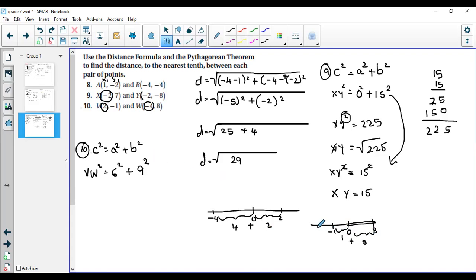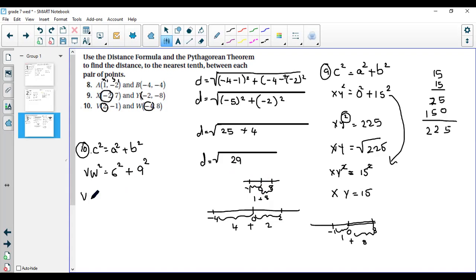Always draw any small line like that. Put the 0 at the center; the positive number we have is 8. It does not necessarily need to be according to the number line. No, this is just a small thing we are doing for our own understanding. So from 0 to 8, the difference is 8. And the negative number we have is -1. So 0 to -1 is 1 unit. So 8 plus 1 is 9.